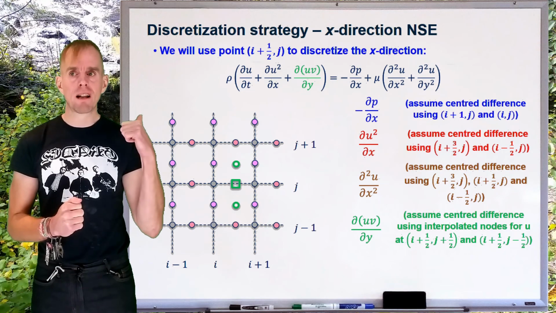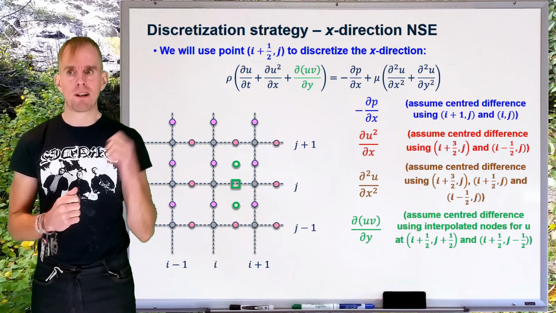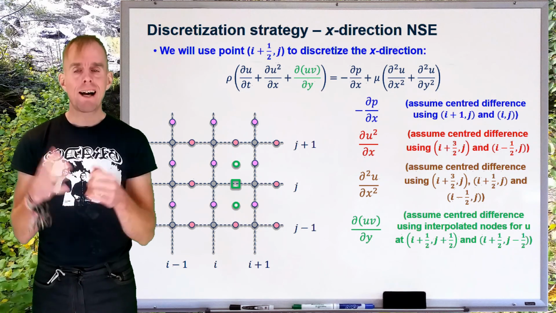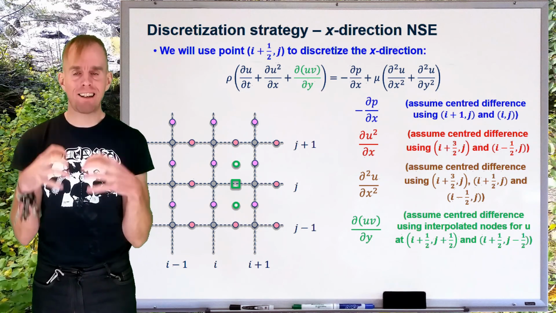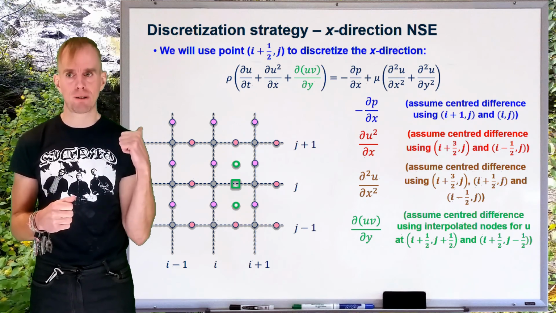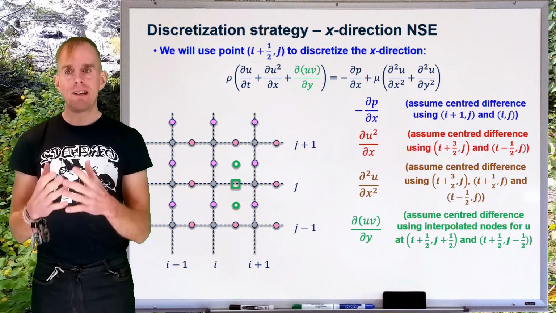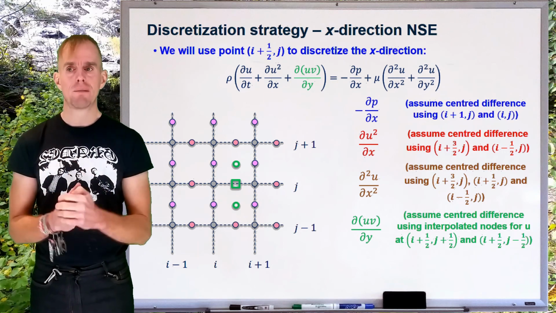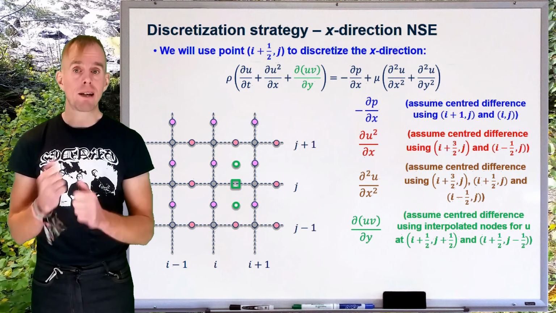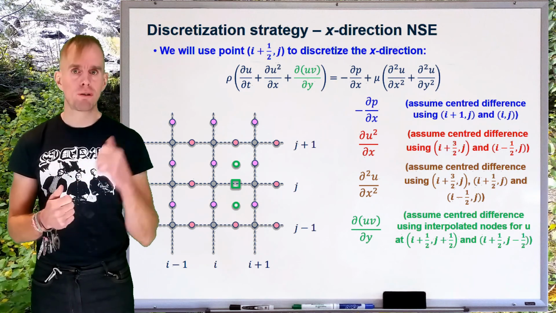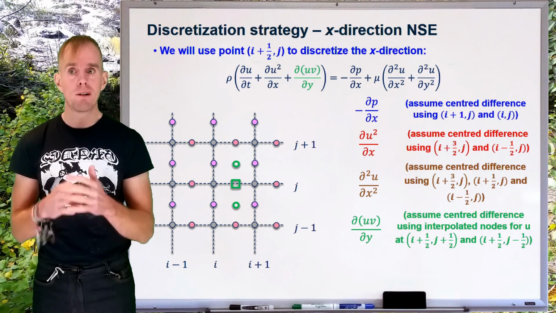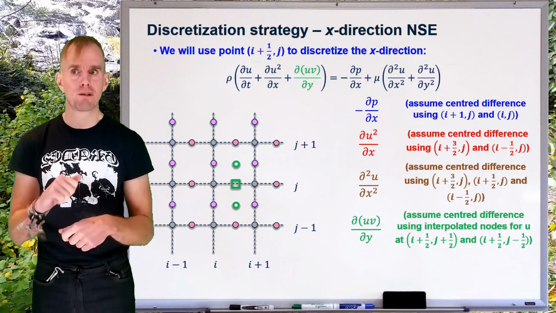And so those nodes in light red on the nodal diagram there show where the x direction velocity data is held, and again we're going to have to interpolate that x direction velocity data onto the location of our open green circles. So the d by dy of uv term is a bit more complicated to calculate because we need to interpolate both x and y direction velocities onto the i plus 1/2, j plus 1/2 positions in order to be able to take that centre difference in the first place.